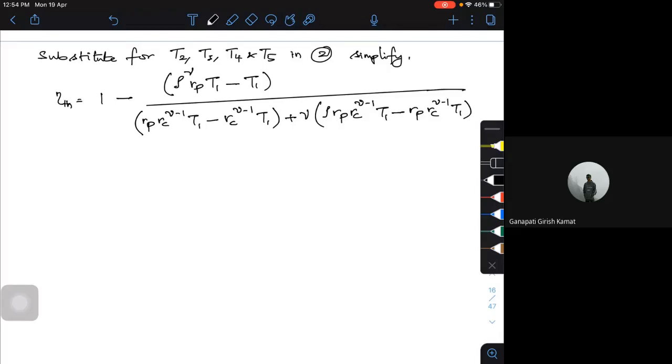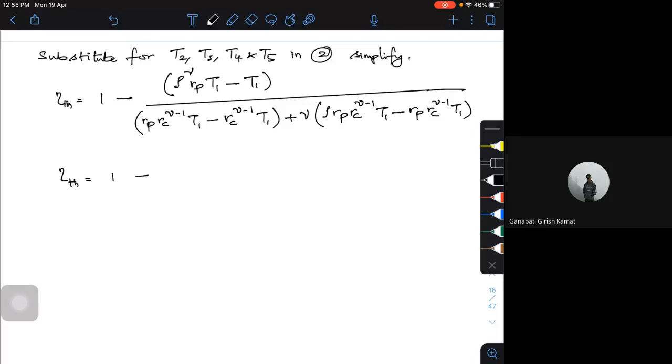Now, further simplification I can do. T1 will simply get eliminated in the numerator and denominator. I will write in one particular step what will happen. You people can try this.